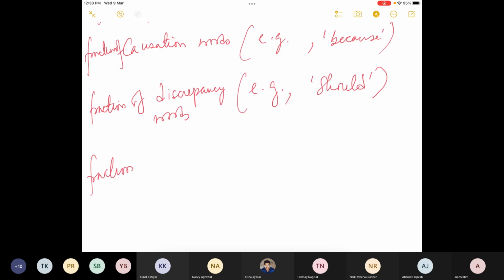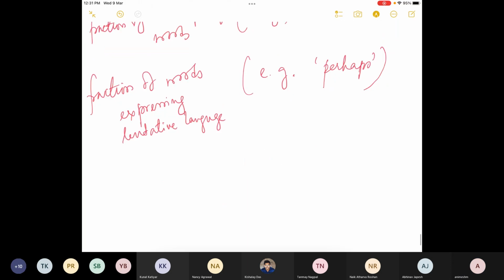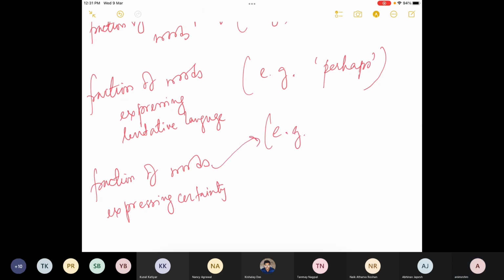Fraction of words expressing tentative language, for example, perhaps. Fraction of words expressing certainty, for example, always.